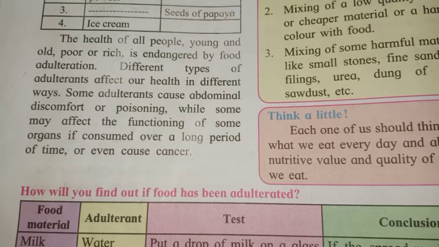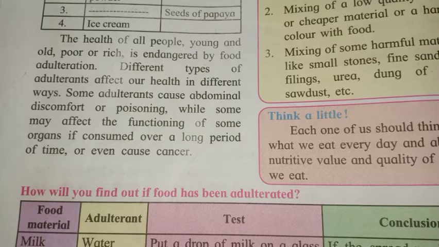Now children, let's discuss a few more examples, like fruits. To make fruits more attractive and tasty, some chemicals are injected into them. The expiry date of food packets or airtight containers is changed by shopkeepers because they want to avoid financial loss.